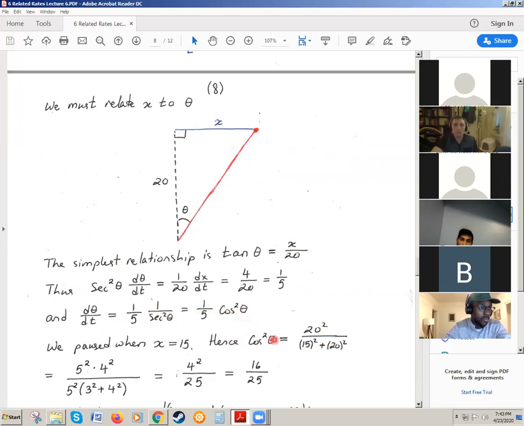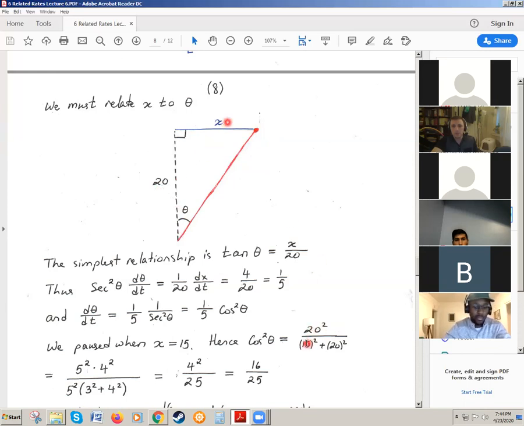Now, what is cosine squared? Look at it. I want to know when x equals 15, so I pause when x is 15. This side is 15, and this is 20. So cosine will be 20 divided by r, and cosine squared, which I'm solving for, will be 20 squared divided by r squared. Now, r squared is 20 squared plus 15 squared.